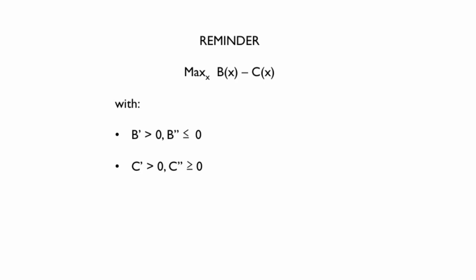Let me start by reminding you what we have seen so far, which is that many of the economic problems that we will encounter in this course have additional structure that introduces nice properties in the maximization problem.